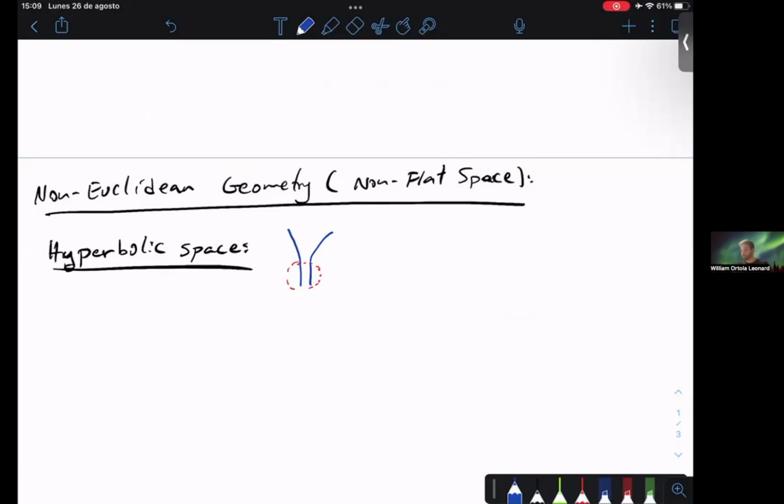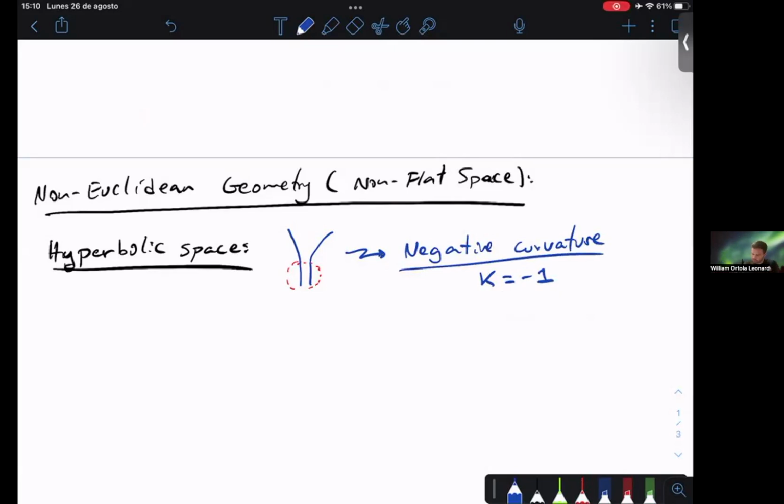And what we can say at this point is that the curvature of this specific space is going to be a negative curvature, okay? So it has some curvature because it's non-flat, negative curvature. And we represent that curvature with the constant k equals -1.